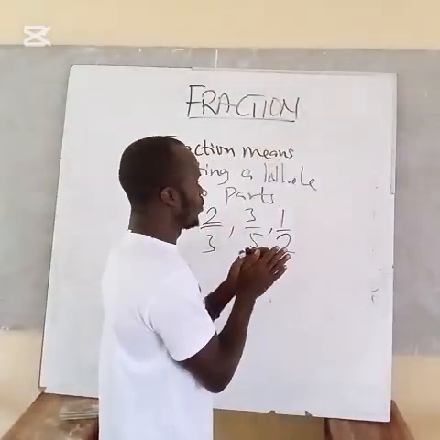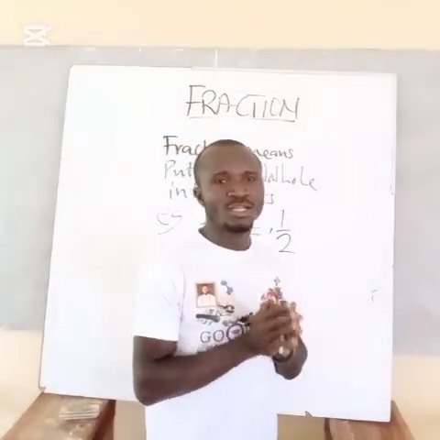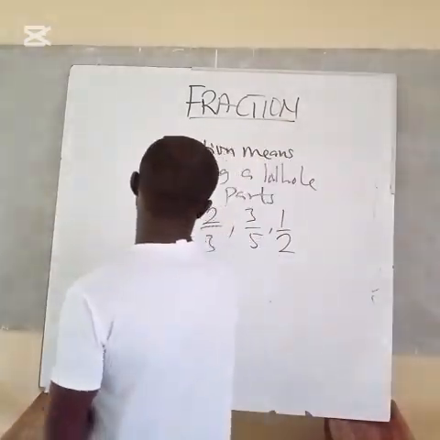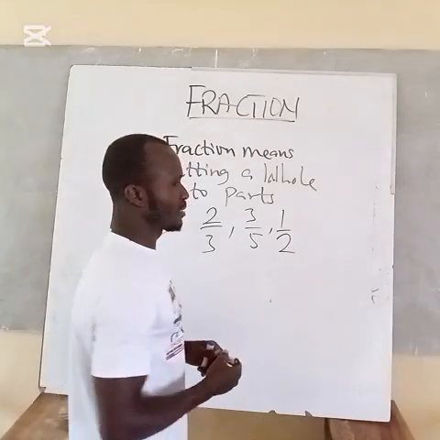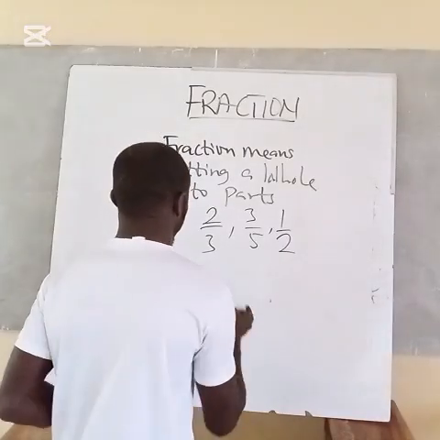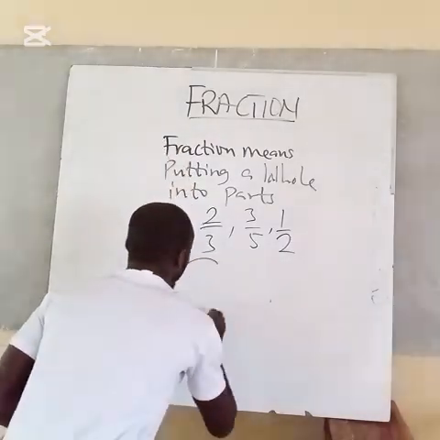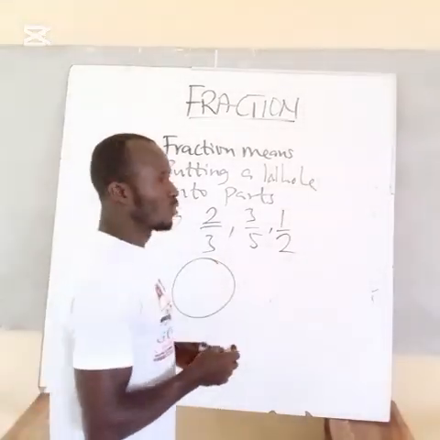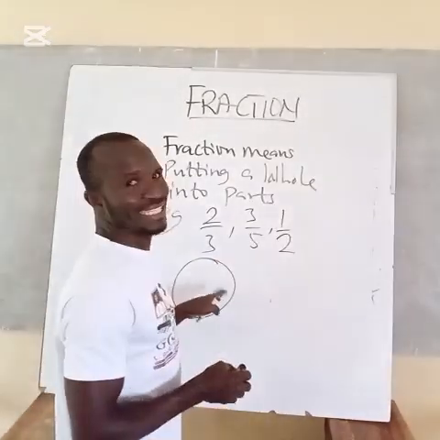I'm going to use an illustration to explain this fraction to you. So let's take a big orange, a round orange like this. So it's a whole. Now I'm going to divide it into 3 parts.